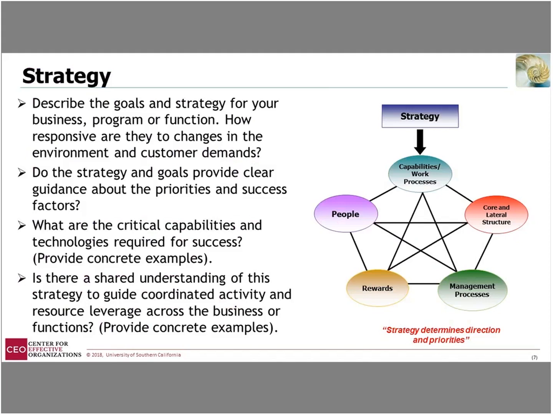And if I was going to summarize this piece, you can see some words here that describe strategy. But if I was going to try and summarize the whole thing, what we're trying to get a sense of in the organization is the direction. We want to know what direction the organization is headed in terms of goals, for sure. Are you trying to increase profitability? Are you trying to grow?